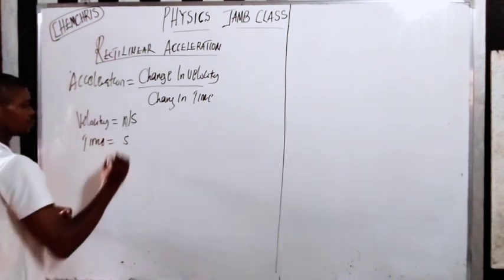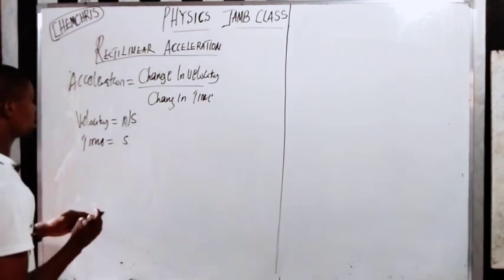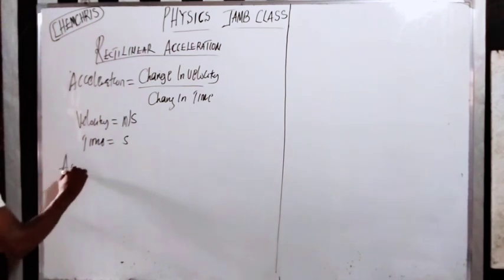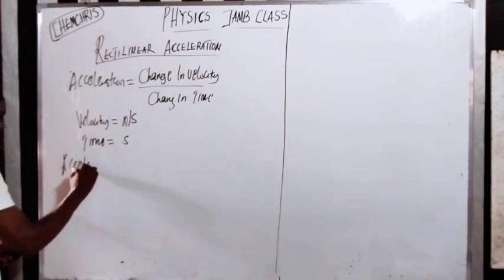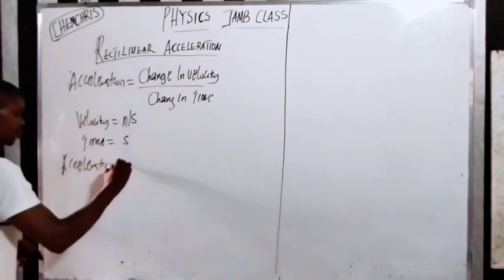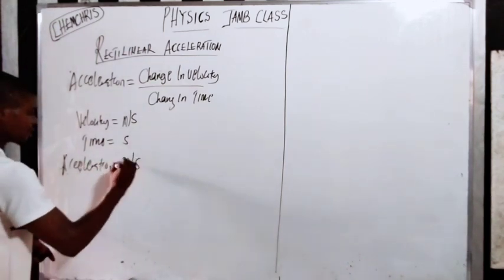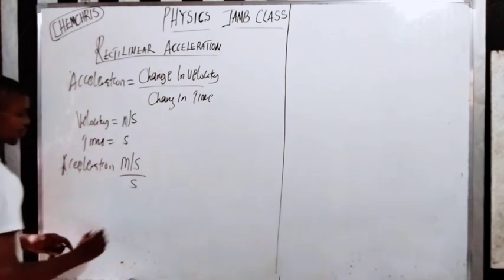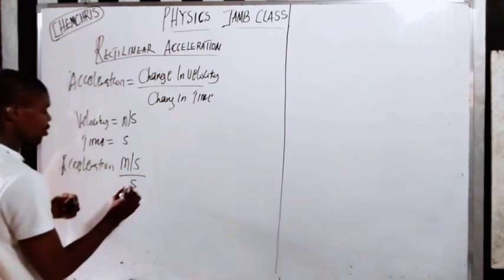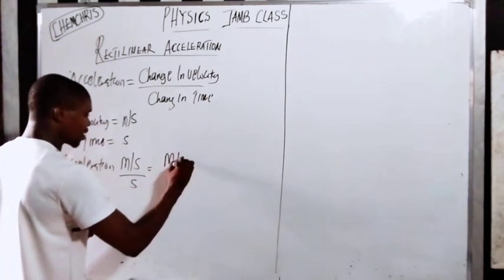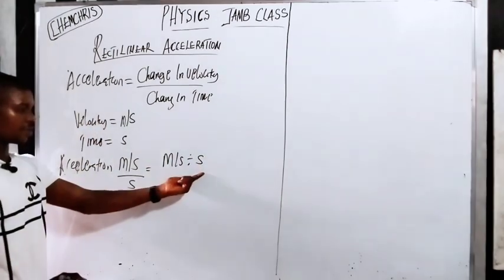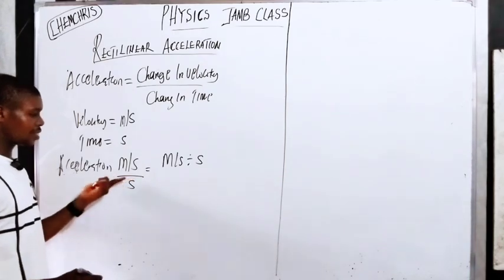So if you want to get the unit of acceleration, remember acceleration is equal to meters per second over seconds, right? This is also the same thing as meters per second divided by second. That is the meaning, because of this division here.